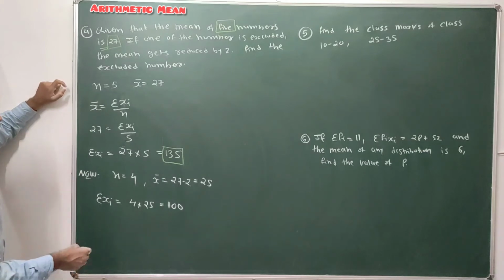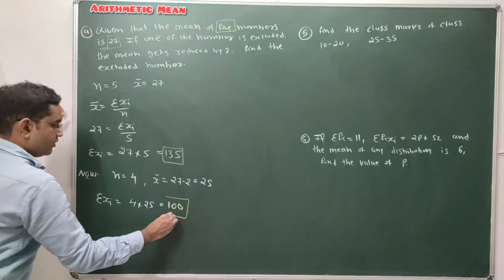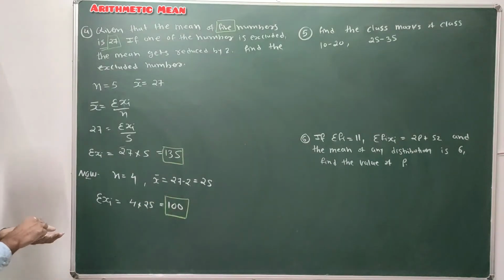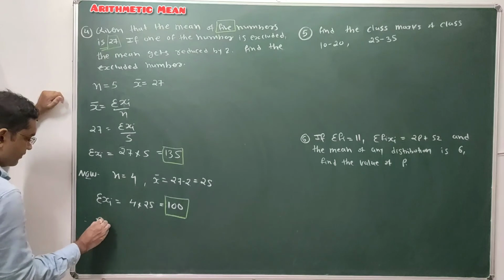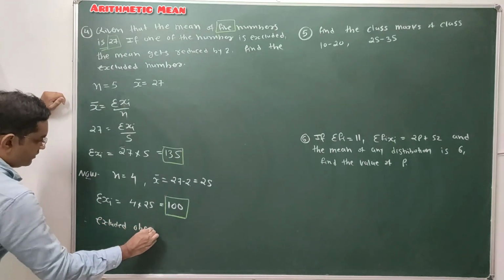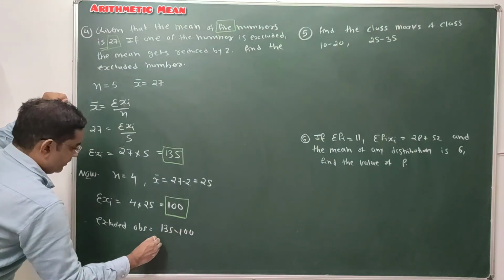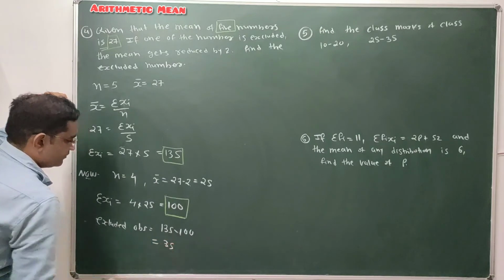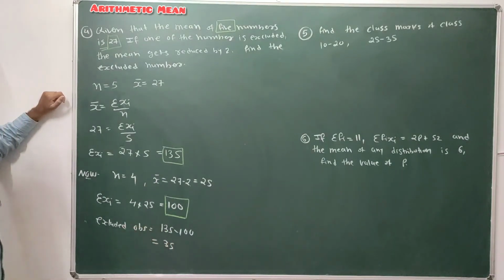When total 5 observations are there, the sum of observations is 135, and when one observation is excluded, the sum of observations is 100. So the excluded observation is 135 minus 100 equals 35. That fifth observation that we are excluding is 35.